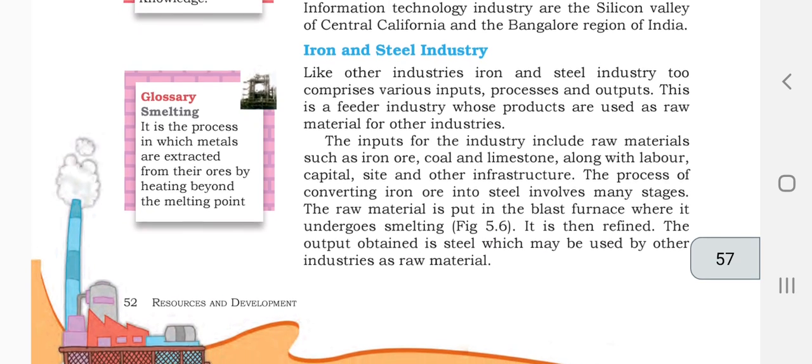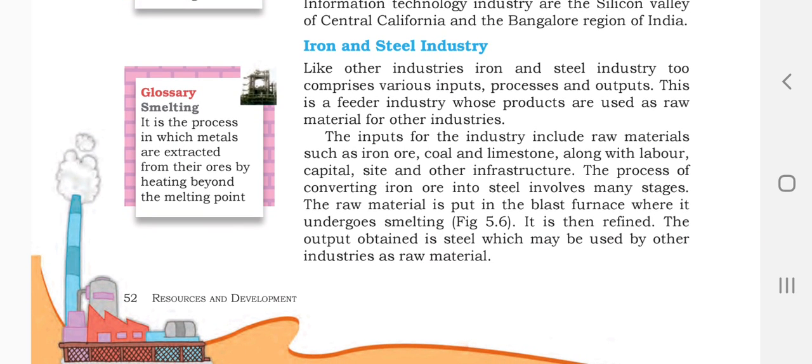The inputs of the industry include raw materials such as iron ore, coal, and limestone, along with labor, capital, sites, and other infrastructure. The process of converting iron ore into steel involves many stages. The raw materials go into a blast furnace, where they undergo smelting and take a different form.